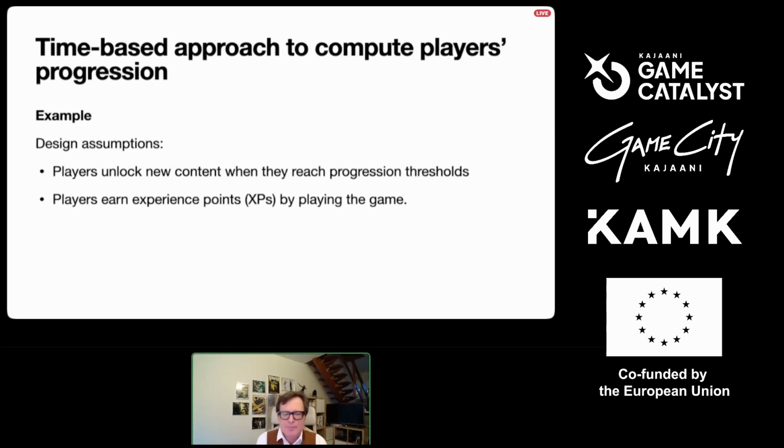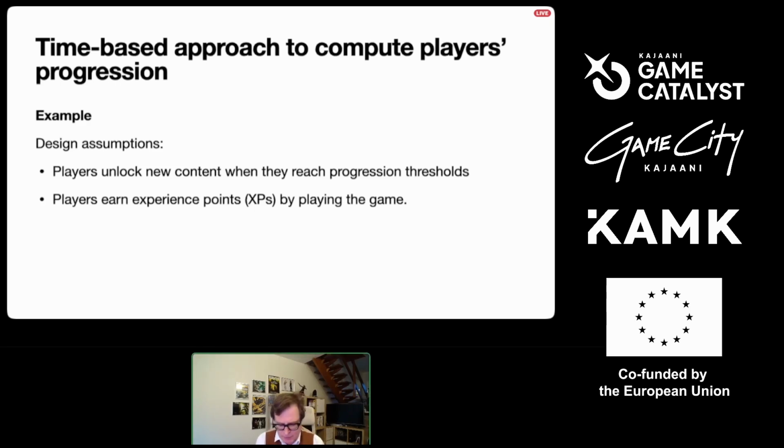So remember, if we have a progression in any game, there's a purpose, okay? And it should also serve a purpose from the player's point of view. In this example, I decide that the progression will benefit players by unlocking upgrades. Players achieve progression by earning XP, and XP are earned by playing the game.